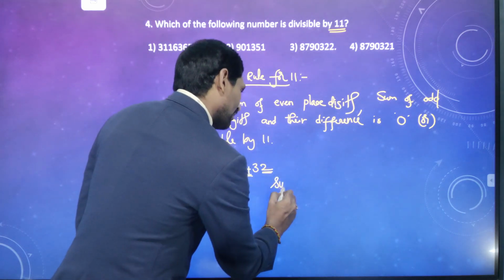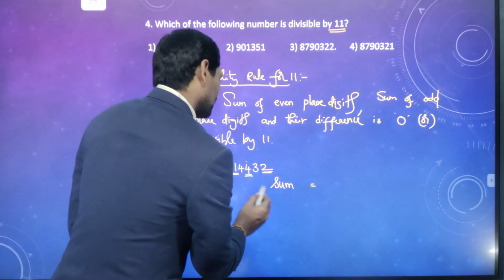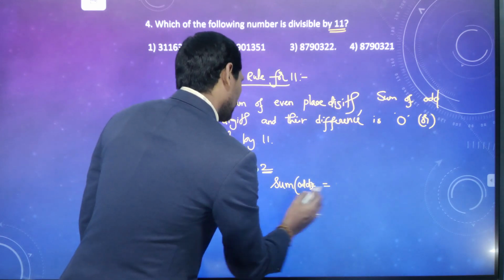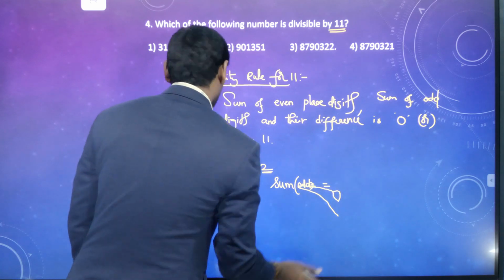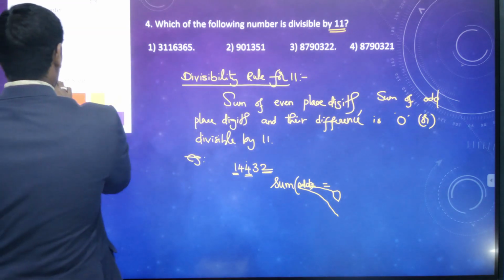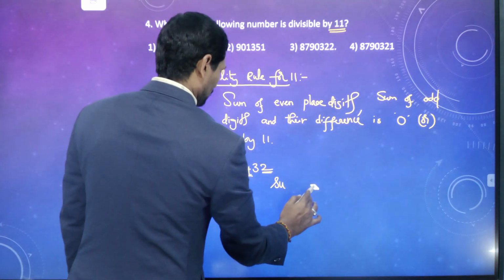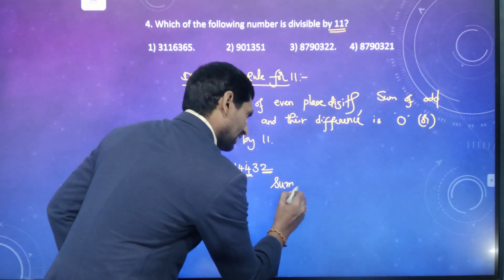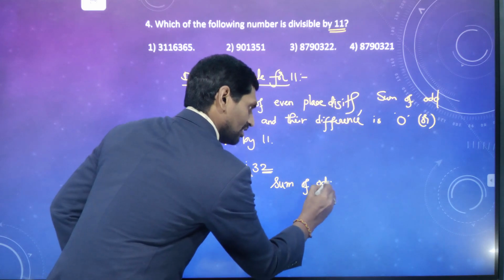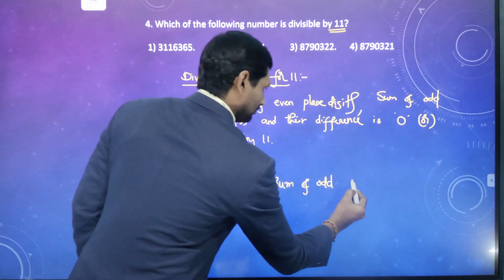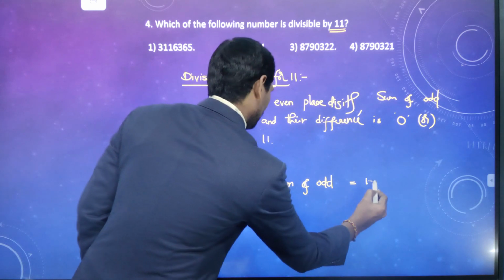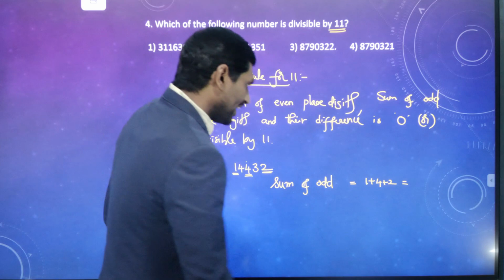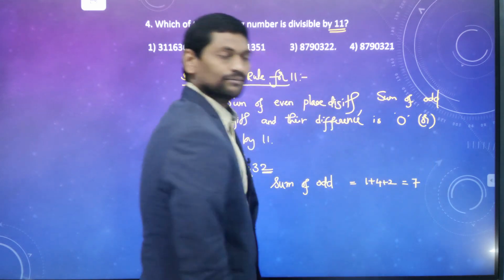So the sum of odd place digits is 1 plus 4 plus 2, so 1 plus 4 is 5 and 5 plus 2 is 7.